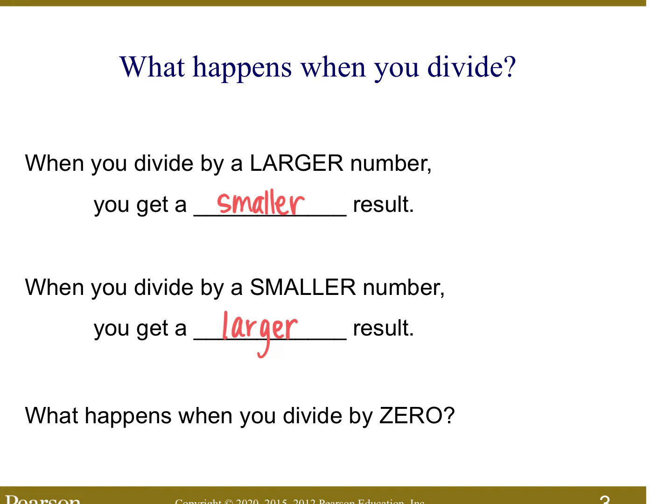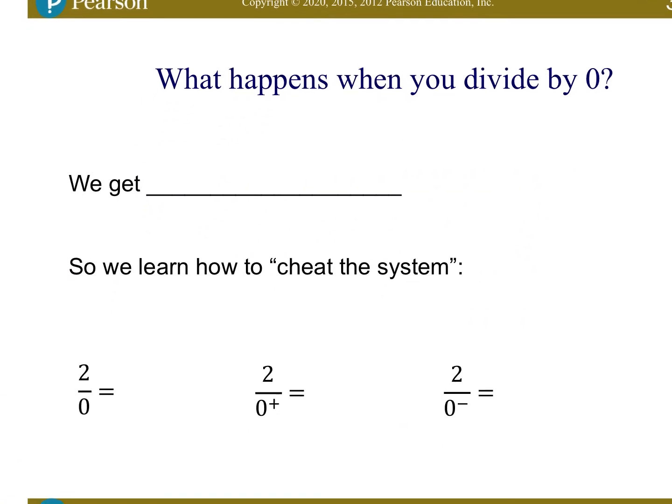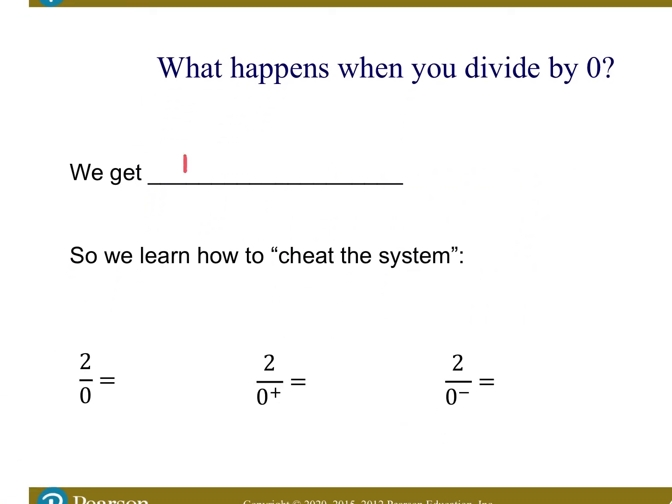You need to know the sign of the numerator. So the answer to that is one side of infinity or the other. So we get plus or minus infinity.